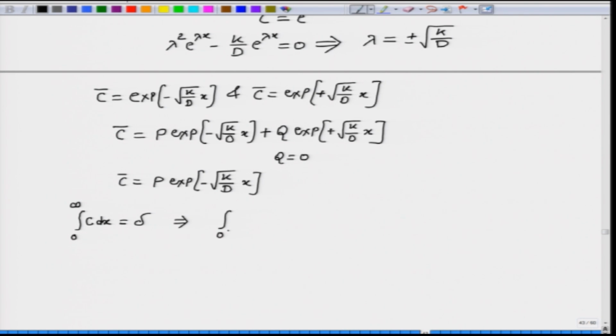So, integral 0 to infinity e to power minus k t into c, first dx and then dt, is equal to delta, which is a constant. So, we can take it outside of the integral. So, 0 to infinity e to power minus k t dt.